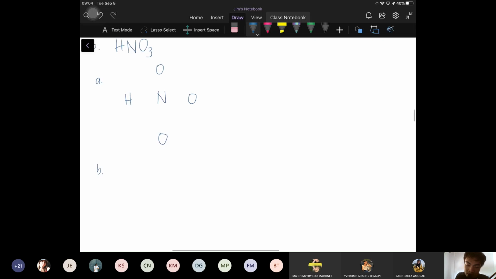Second is ganito. Yung hydrogen kasi, ito tip ha. Tip. Yung hydrogen, pwede maging terminal ng terminal. Ayan, alam nyo na yan. No? Okay. So yan. So ano meaning ko doon?